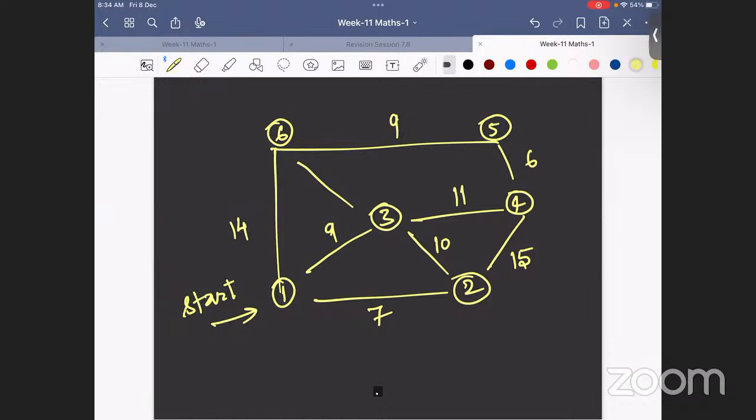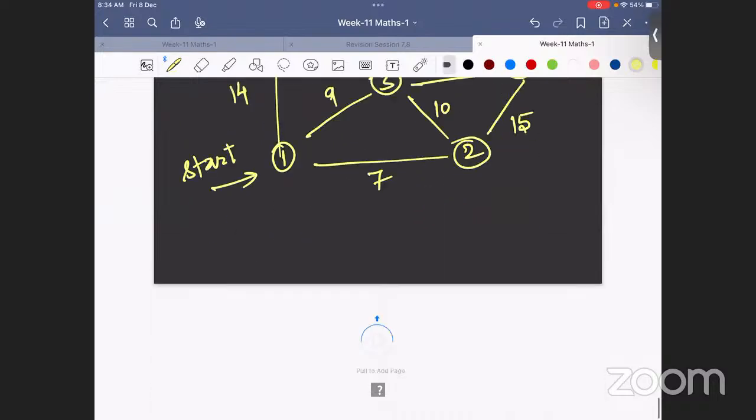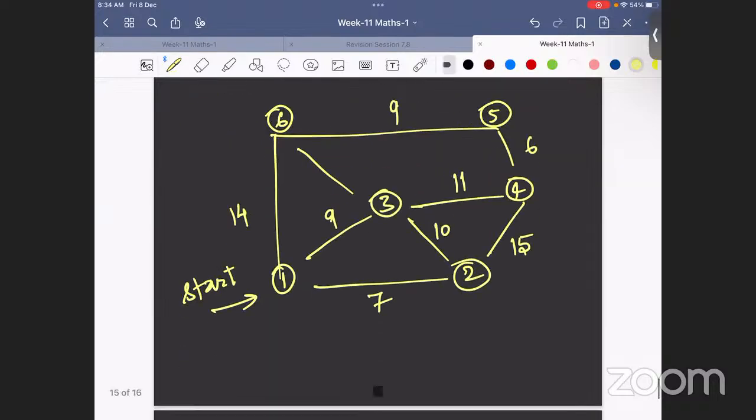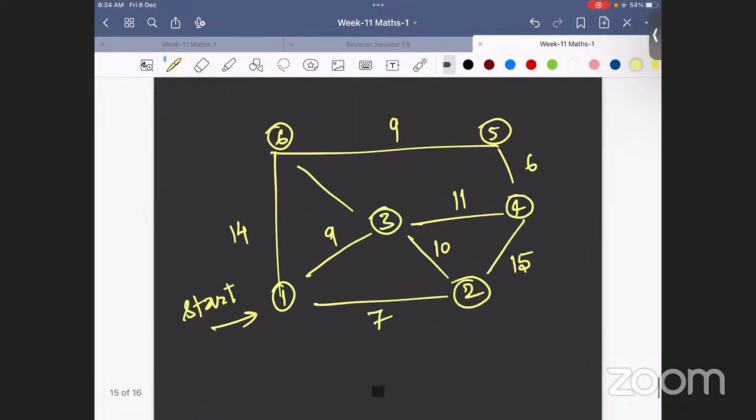So you have to calculate for all the vertices, for all the destinations, from 1 to 2, from 1 to 3, from 1 to 4, 5, 6. Give me the shortest path. So what is the weight for 3 to 6? You can take it as anything. You can take it 7. Let's take 7. Okay, sir.